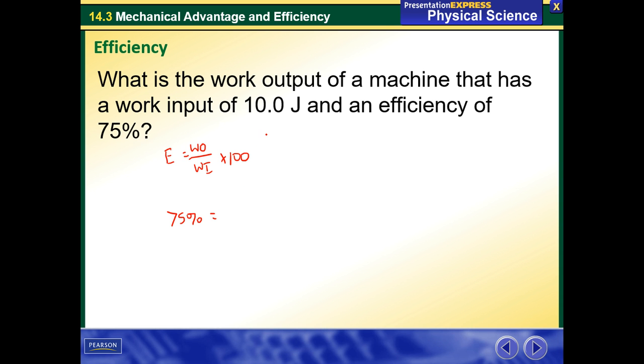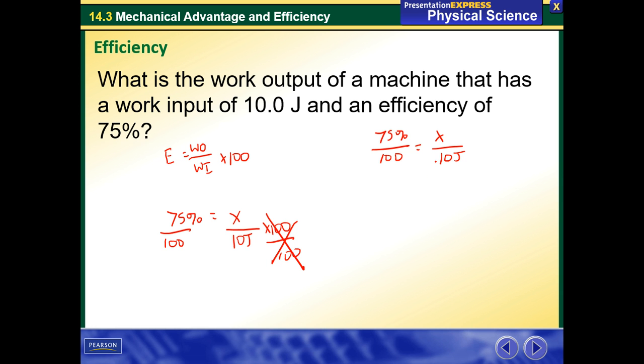The work output, we don't actually know that. The work input says 10 joules, and then we put times 100 at the end. Most people see this and they kind of freak out, but it's pretty simple to solve. We're going to divide both sides by 100. And when I divide both sides by 100, it cancels out on this side and leaves you with the following setup.